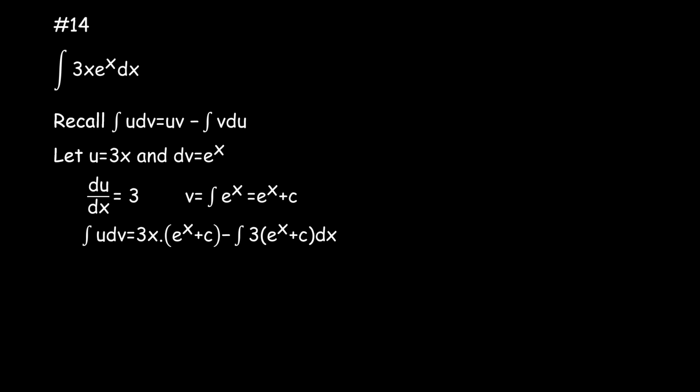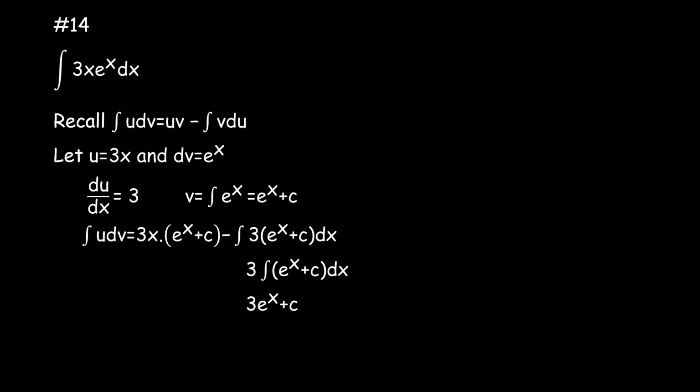If we disregard the constant, which is 3, it means we just need to integrate e to the power x, and that will give us e to the power x again. Now, multiply by the 3, we'll have 3 e to the power x plus a c, because if you multiply 3 by a constant, it will still give us another constant.